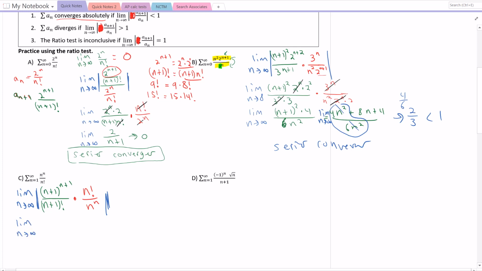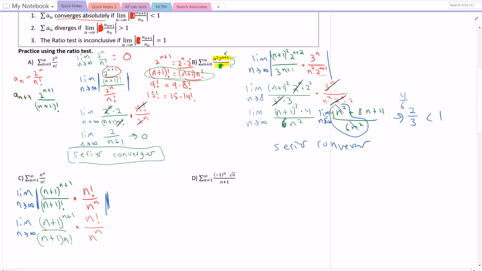Again, there's no negative, so just ignore those absolute value symbols. This is going to be n plus 1 to the, let's leave it as n plus 1 over n plus 1 times n factorial. Again, I'm using this trick that we did up here, times n factorial over n to the n.